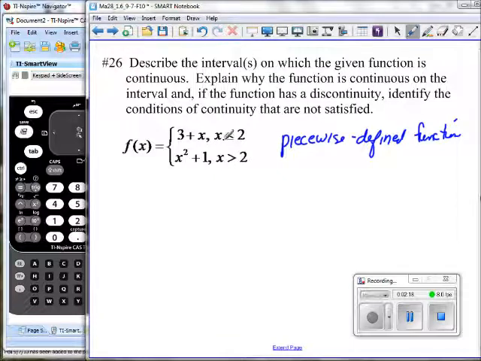However, the line stops and the parabola stops, or starts, however you want to define that. The function is named as one function, but it's in pieces.